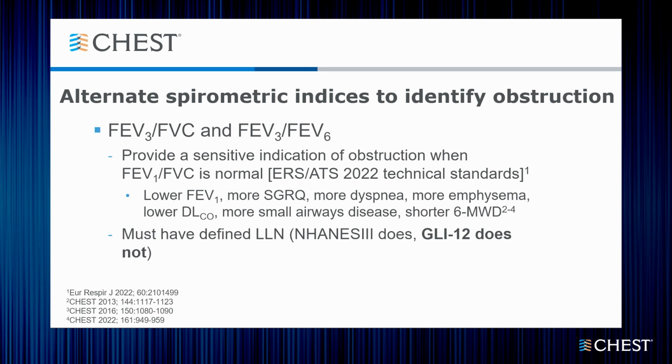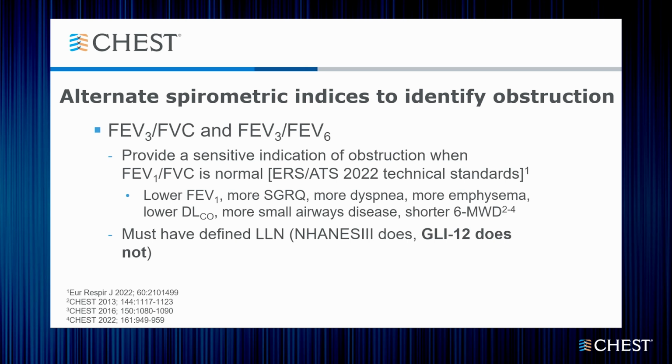What about FEV3, FVC, and FEV3, FEV6? So there's a whole body of literature on this, and it really provides a sensitive indicator of obstruction when the FEV1, FVC is normal. So those patients that have a low FEV3, FVC, or FEV3, FEV6, compared to ones that have a normal FEV1, FVC, they have a lower FEV1, they have more symptoms, more dyspnea, more emphysema on CT, lower diffusion, more small airways disease, and a shorter 6-minute walk test.